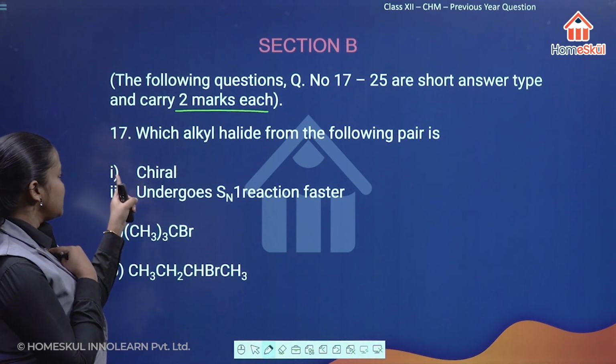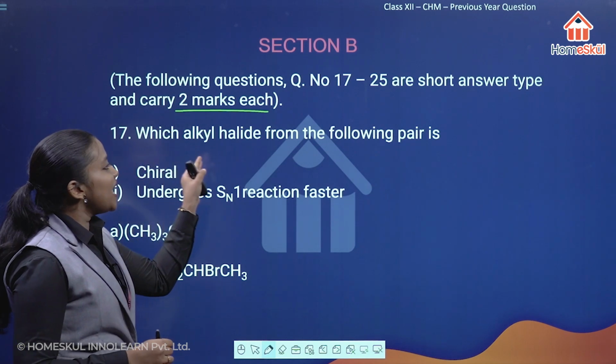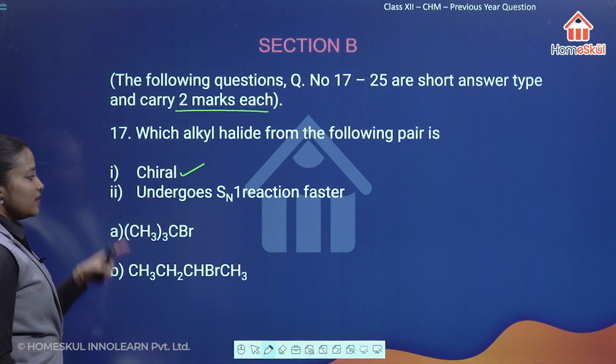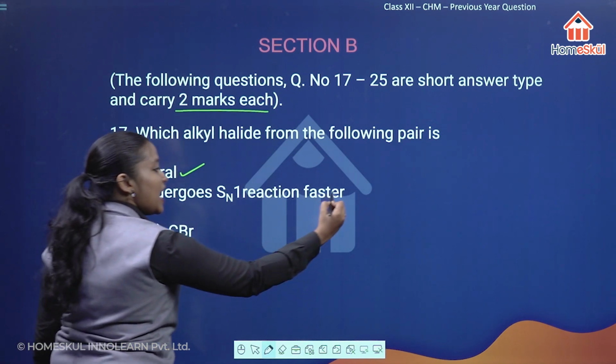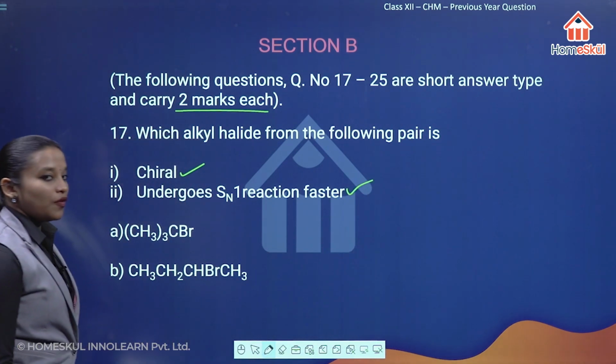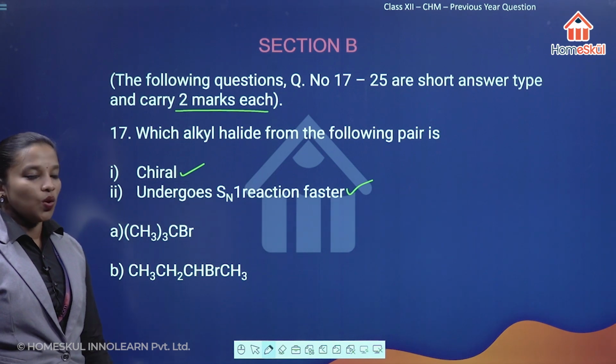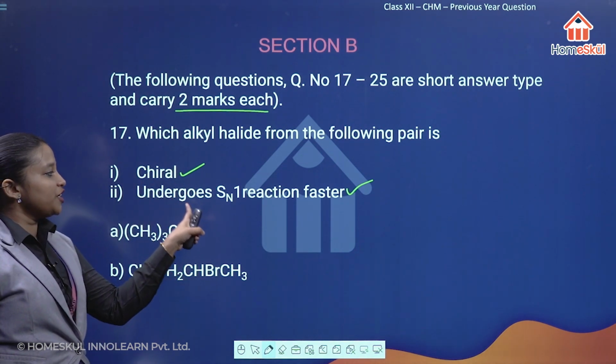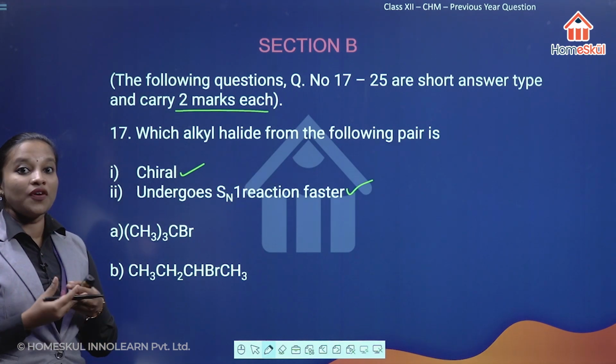Let's see the 17th question. Which alkyl halide from the following pair is chiral? And which one undergoes SN1 reaction faster? So here we have to find which is chiral and which undergoes SN1 reaction faster.